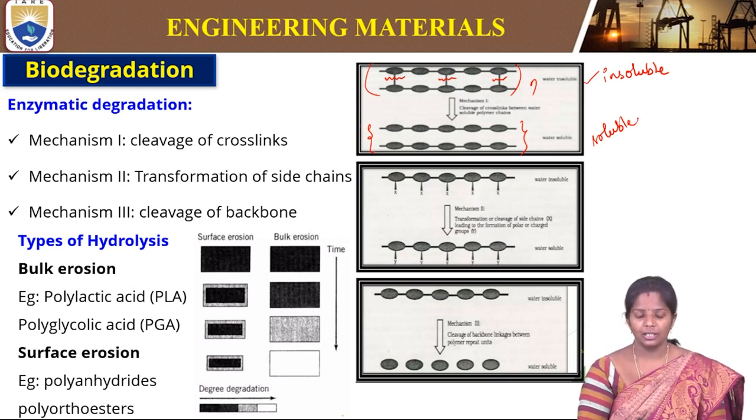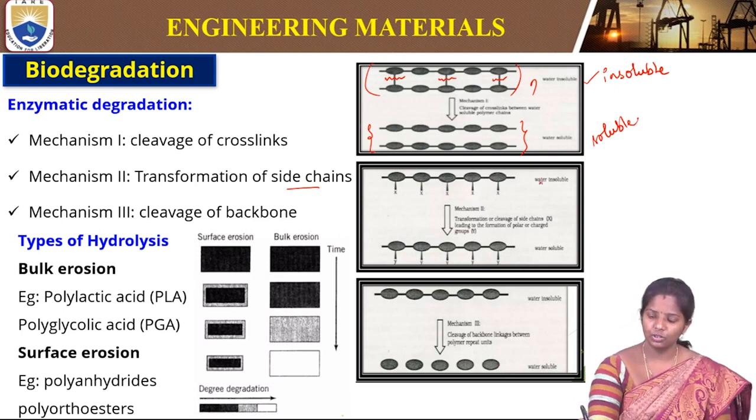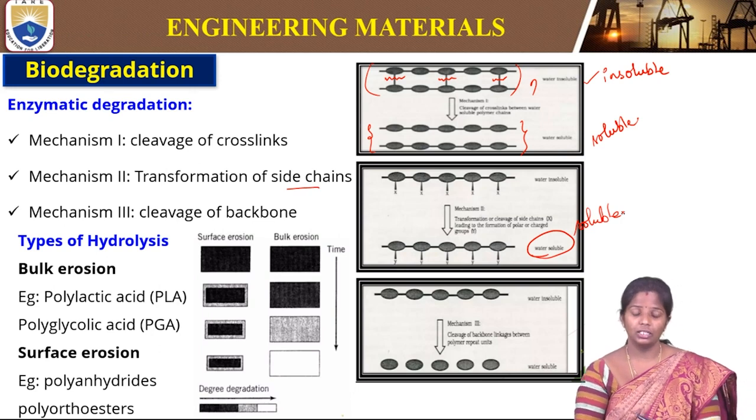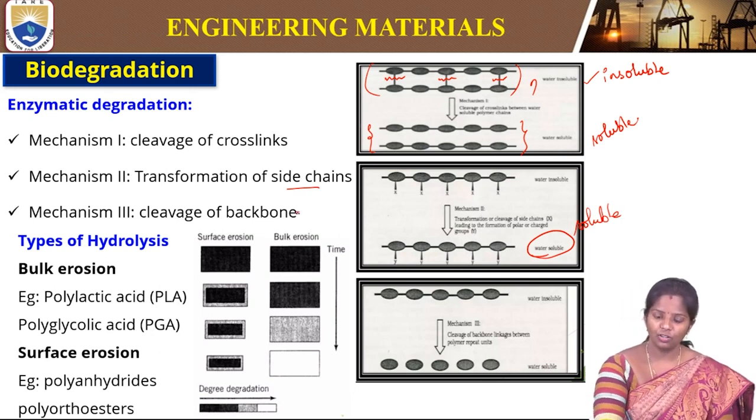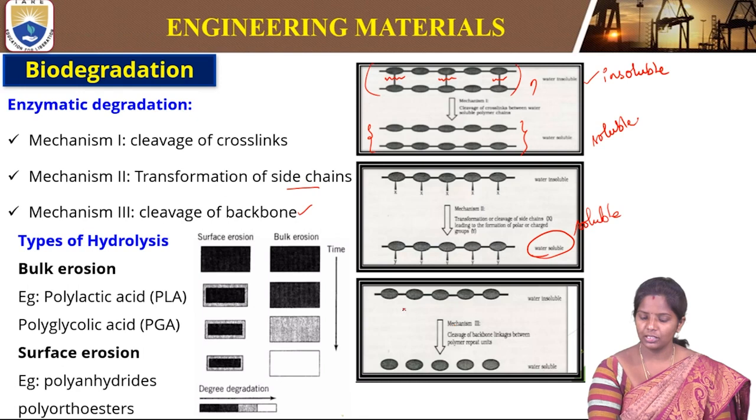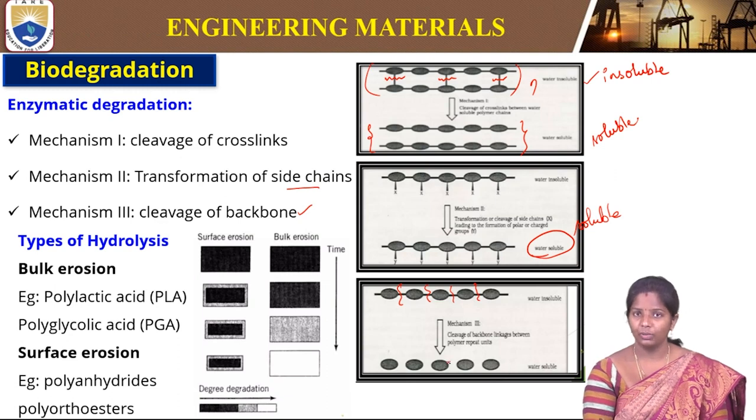Then what is the second step? Transformation of side chains. We convert the chains to a polar state by adding some groups so that it becomes water soluble, so that degradation takes place. Then the cleavage of the backbone. The ultimate cleavage is the cleavage of the main bonds between the monomeric units.